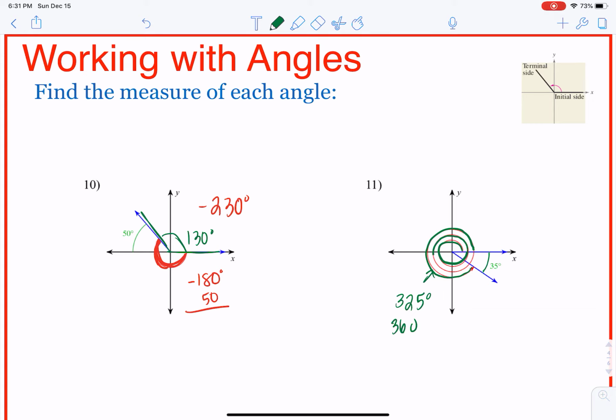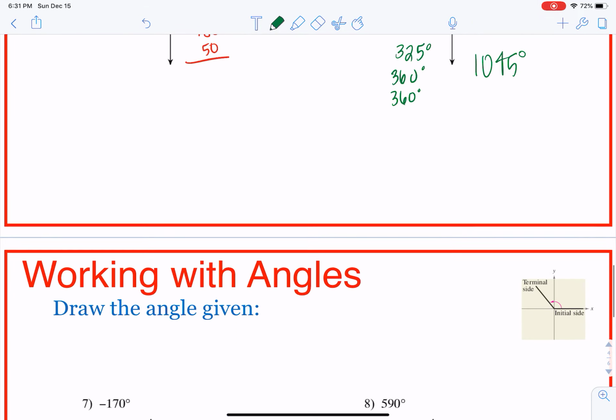And then I go around my circle again, that's another 360 degrees. And then my last piece, which we already measured to be that 325. So 360 plus 360, that's 2 times around the circle, plus my last piece, which is 325. That's going to give me an angle measure of 1,045 degrees. So that is a very large angle, many times around the circle there.